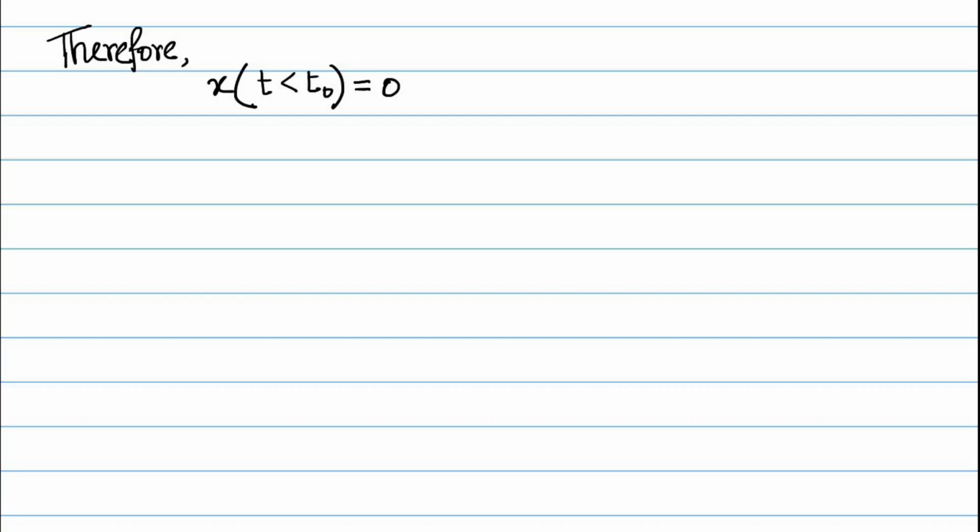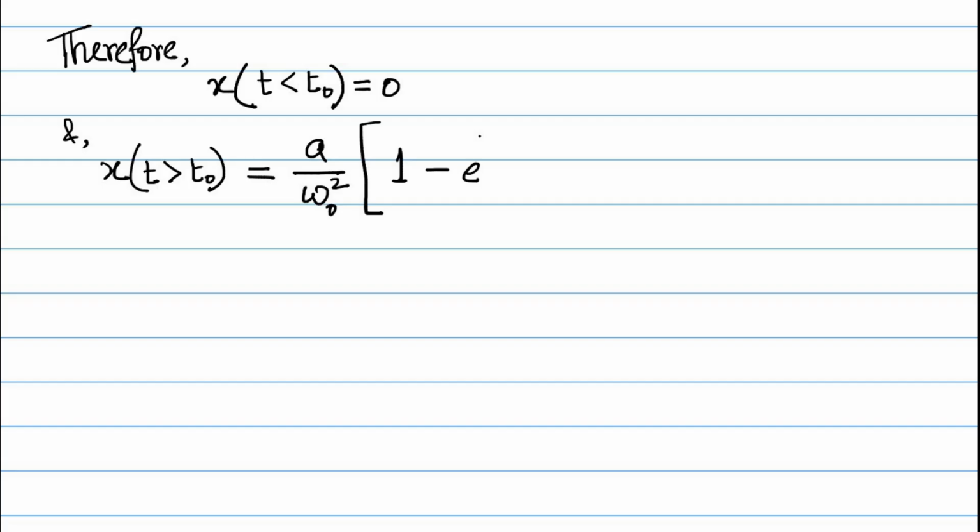And x for t greater than t naught would result in A over omega naught squared, then 1 minus e to the negative beta times t minus t naught times cosine of omega 1 times t minus t naught, put in extra parentheses, minus, so this is the contribution from a2, beta divided by omega 1.